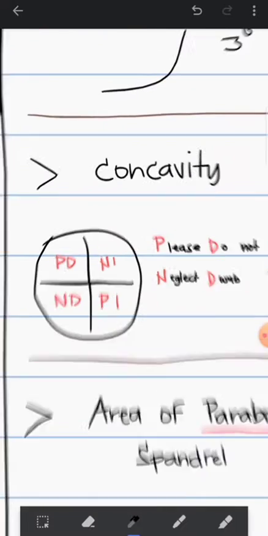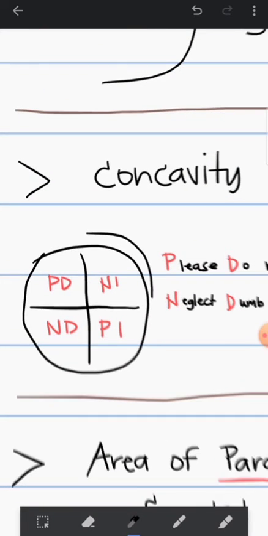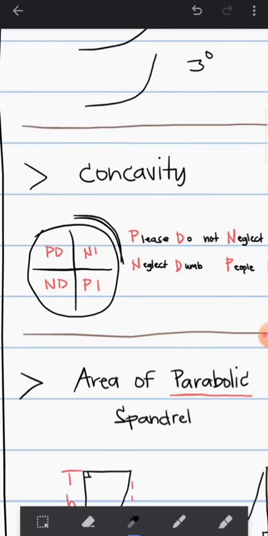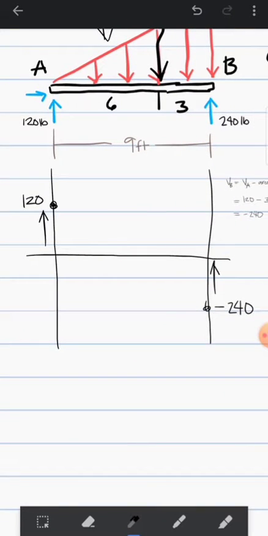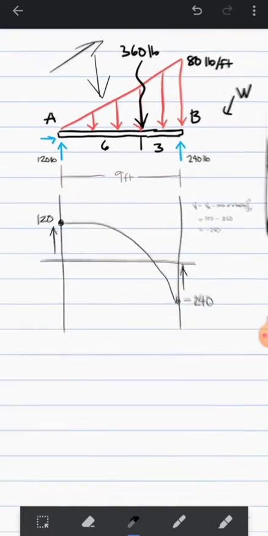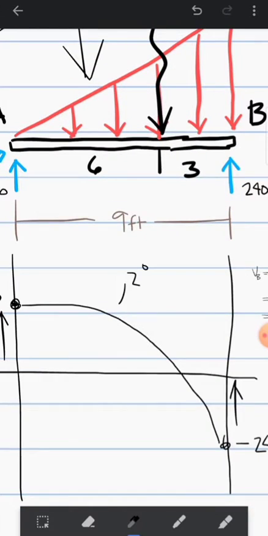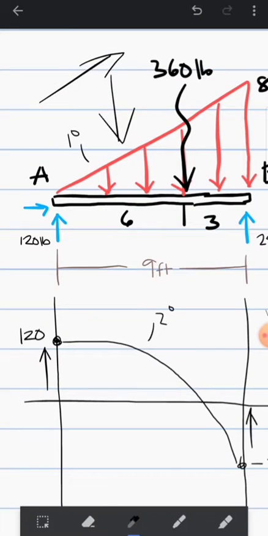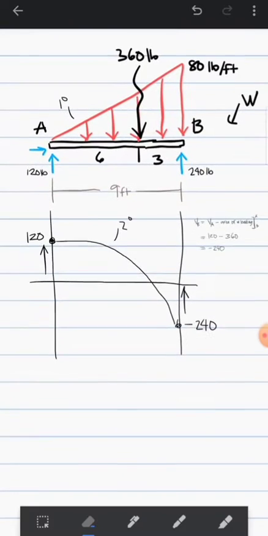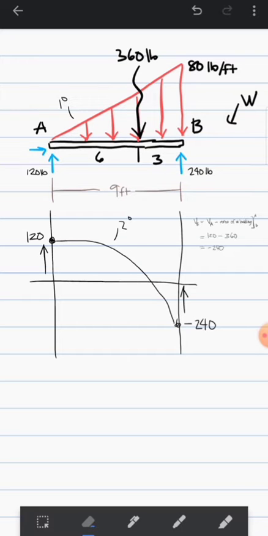And you can see here that negative increasing is this part of the circle. So NI, meaning from A to B, we have this shape. And then we note this as second degree. It's because here we have first degree, that's the triangular load, uniformly varying. Now we have second degree.